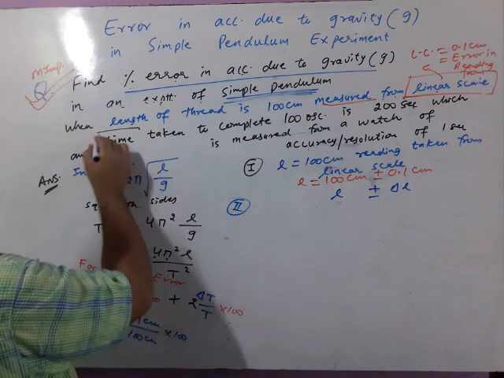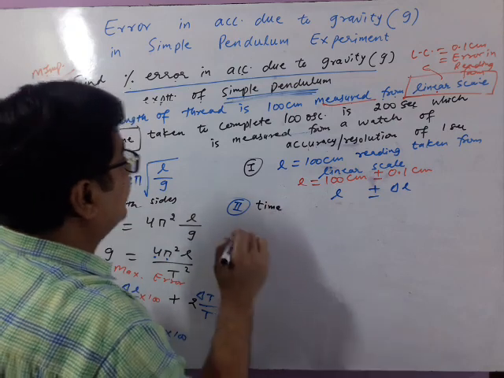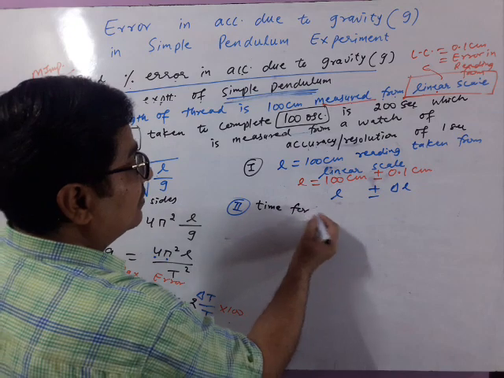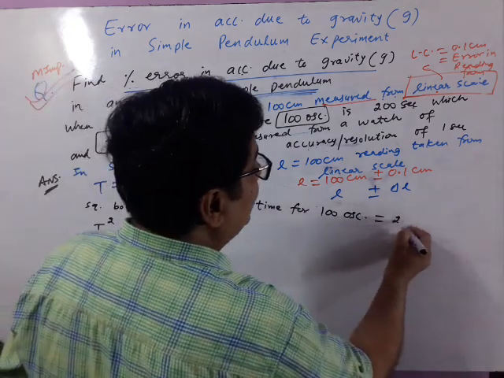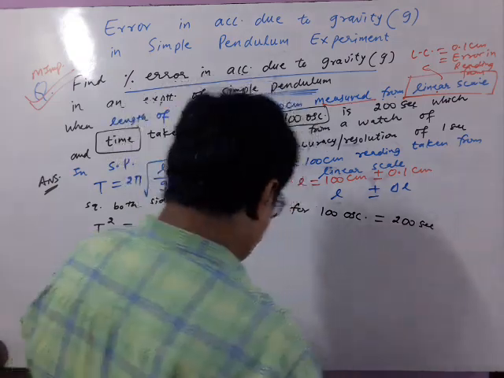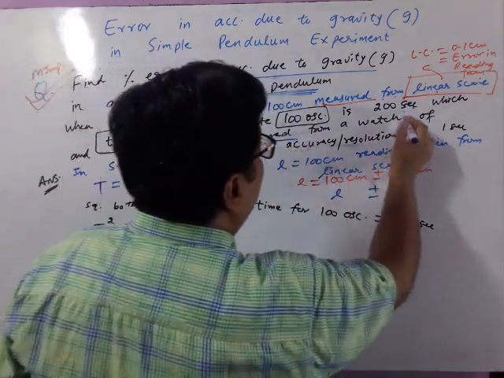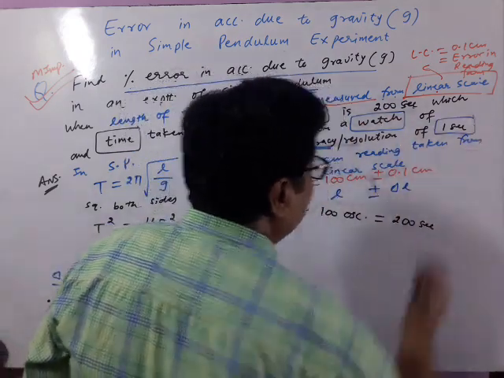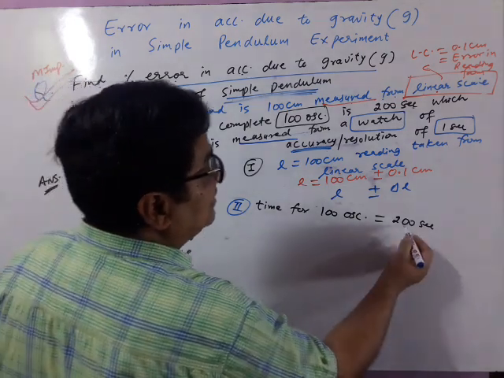See the second line. Time. You are given time, not time period, to complete 100 rounds. Time for 100 oscillations is given 200 seconds. And it is measured from a watch with accuracy of 1 second. So see, reading is 200 seconds.